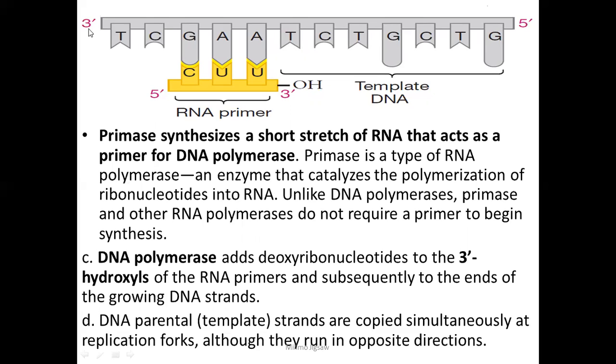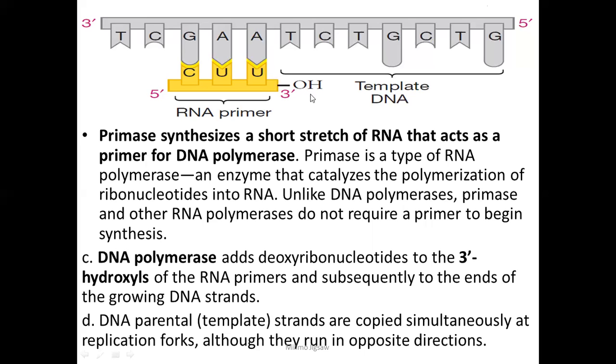So this is the 3' to 5' direction. This is a template DNA. Remember, polymerase will add at the 3' end, so to synthesize in this direction, it is going to elongate the newly synthesized DNA by adding deoxyribonucleotides at the 3' end, provided by this hydroxyl group there.